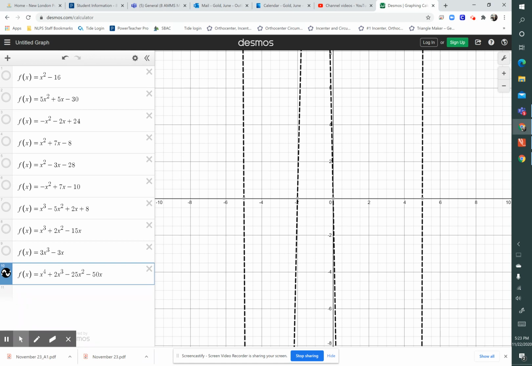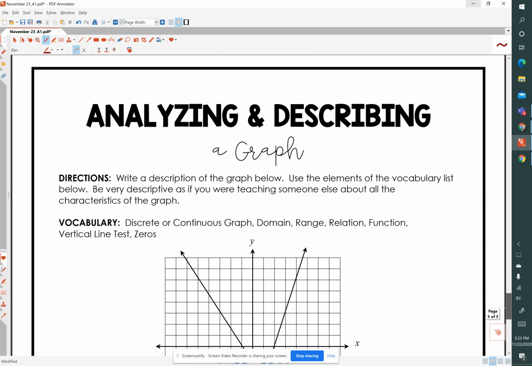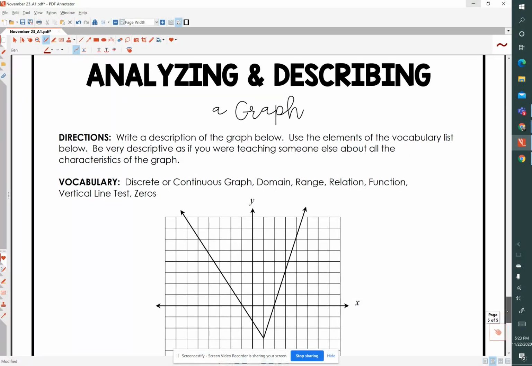This problem crosses the x-axis 4 times. It crosses at -5, -2, 0, and 5. And again, this is Desmos.com. I've shown this to you before. It's a great tool. So let's note those: -5, -2, 0, and 5.